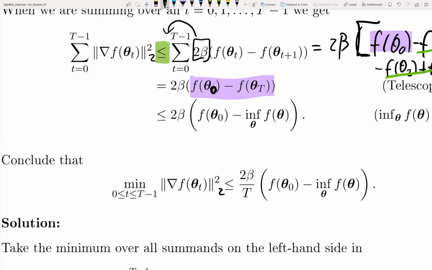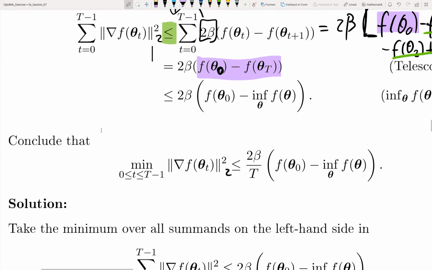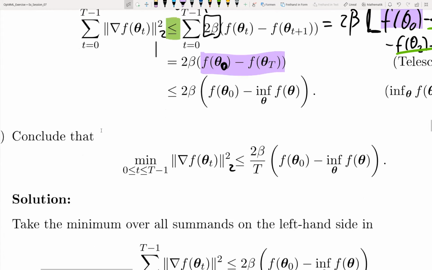This is a good result because it's stating that at some point we are converging to some critical point where the gradient is 0. In the best case, it's a global minimum which we want to have. In a bad case, we end up with a local minimum, but this is something you cannot avoid if you don't have convexity or something like that. But of course, you have different tricks to avoid that in such cases.